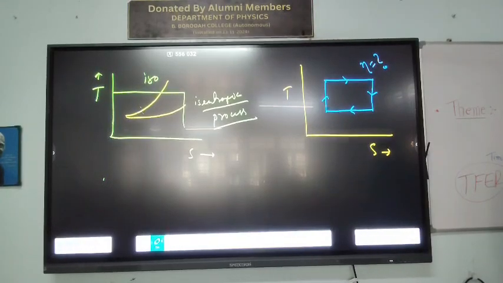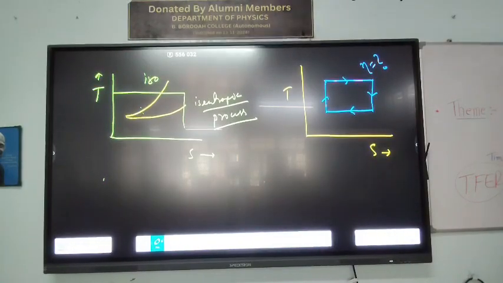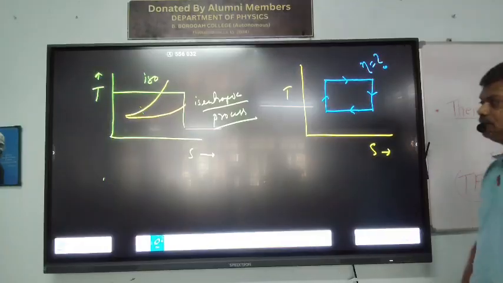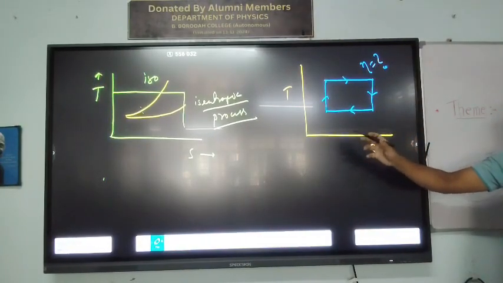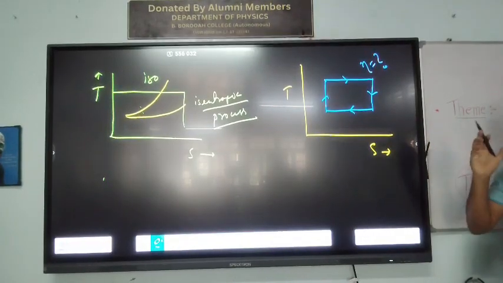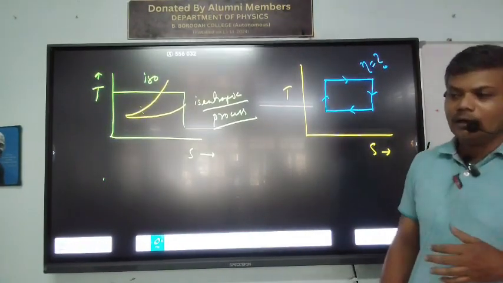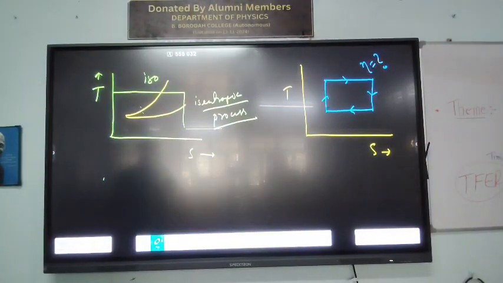Now let us come to the main part of entropy, which is the physical interpretation of entropy. How can we interpret entropy physically? First we saw the mathematical aspect, where we were able to calculate the change in entropy.